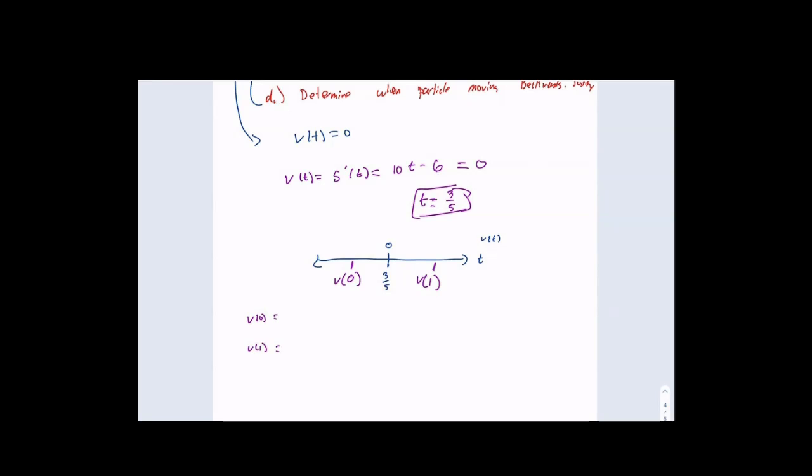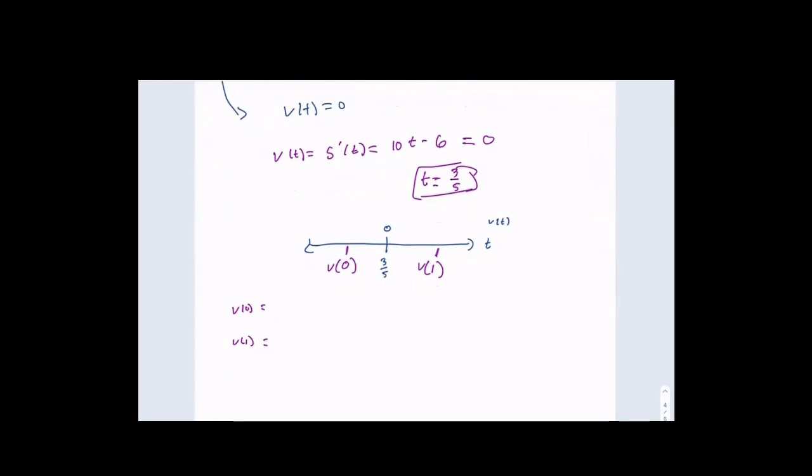Well, you can do this by hand. I'm going to show you how to do this by hand, as well as how to use technology really quickly. But v of 0 is what? You should all be capable of finding v of 0. This is negative 6.